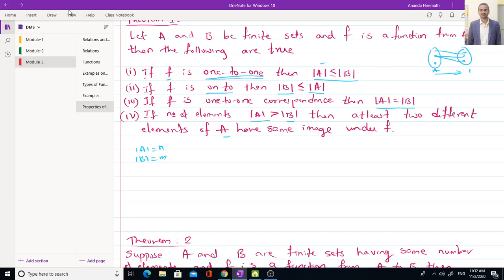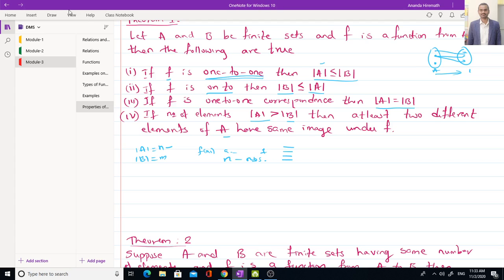Now suppose f is 1 to 1, then the images of the elements of A, namely A1, A2, and so on up to An, are n in number. The total images of all the elements are n in number because it is 1 to 1. Because if the number of elements in A is n, then there must be n mappings.